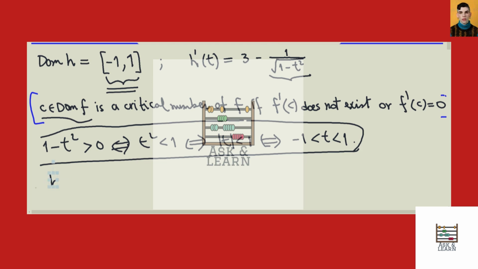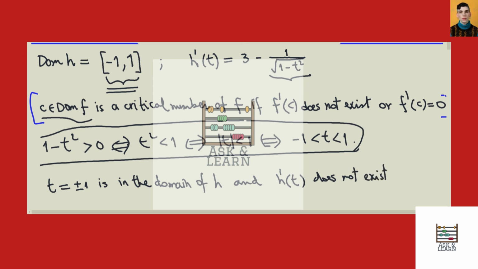So the values that we can conclude is that t equal +1 or -1 is in the domain of the function because they are the endpoints and they are included in the domain, and the derivative of h does not exist at these points.